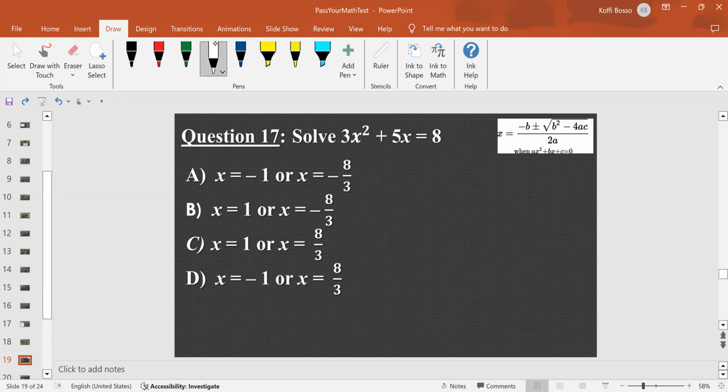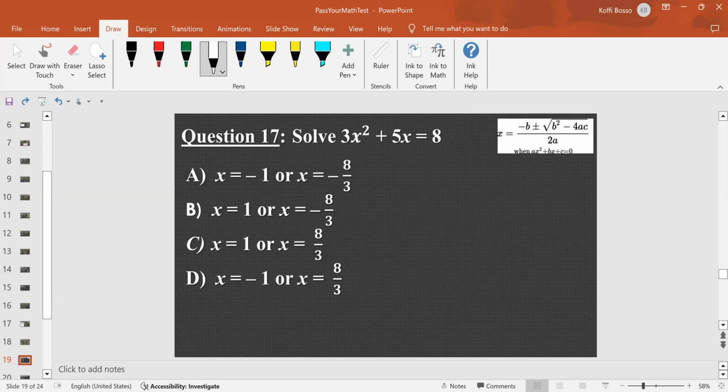Make sure that one side of the equation is 0, which is not the case here. They say 3x squared plus 5x equal to 8. So we need to make one side 0 before we figure out A, B, and C.